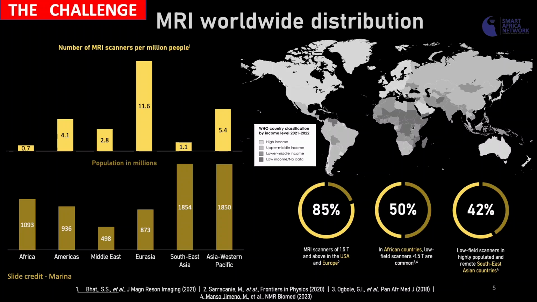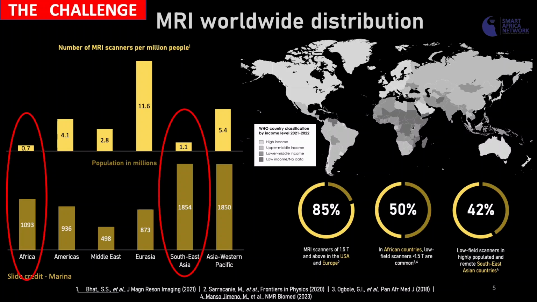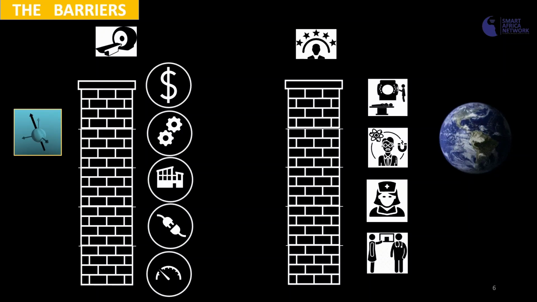Here is a version of a picture that you might often see in slides, that the regions with the highest populations, including Africa, have some of the least scanner densities. When we analyzed these barriers, we identified two buckets of challenges. The first bucket, of course, is related to the scanner itself, which is quite expensive, requires sophisticated engineering.